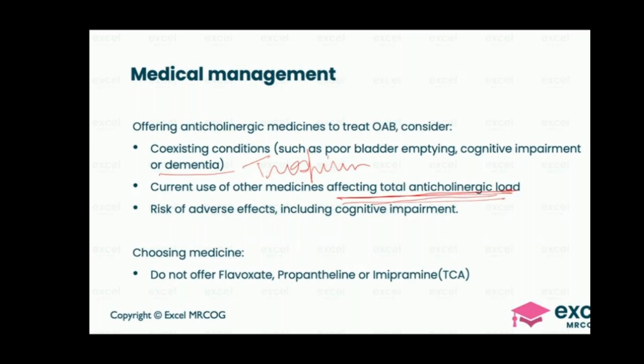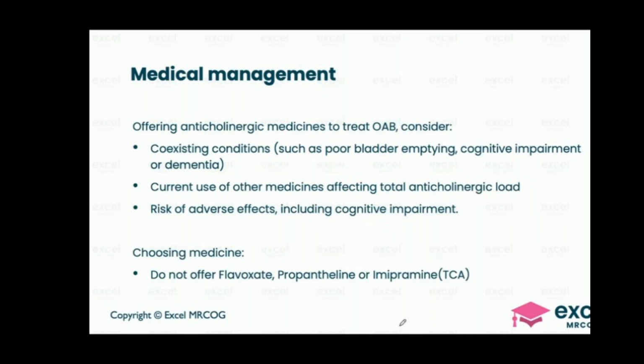Remember, the side effects are quite severe. So if you have to choose between anticholinergic medicines and the next step, say botulinum, you may need to choose botulinum if she is already on some anticholinergic medication. That is why it is mentioned in the NICE guidelines.